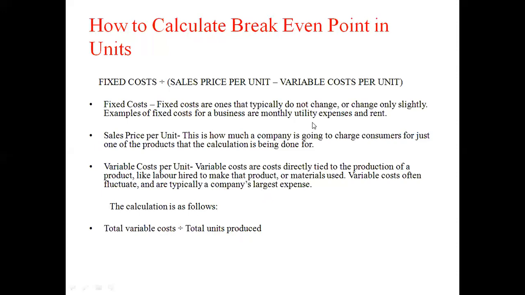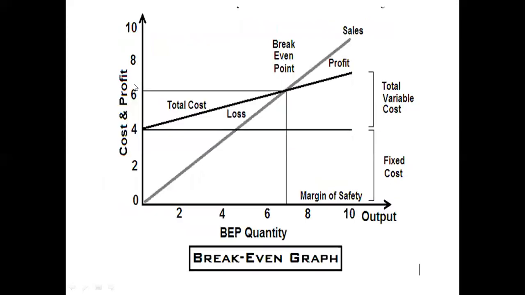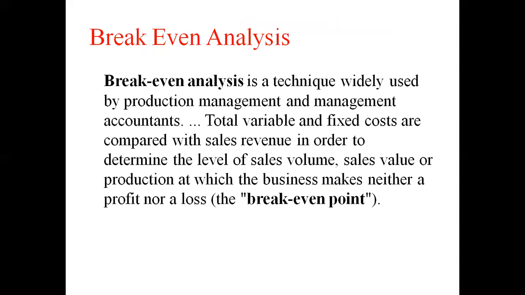So by substituting these two things in the above formula, we are going to get the break-even point. Before going to the next topic, some more points I want to tell.